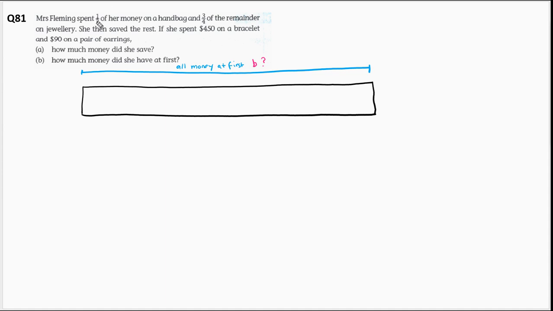We're told that she spent a third of her money on a handbag. So I'm going to divide this bar into thirds. These are 3/3 and 1/3 here. 1/3 she spent on a handbag. It doesn't matter where you label it. So that's the handbag.